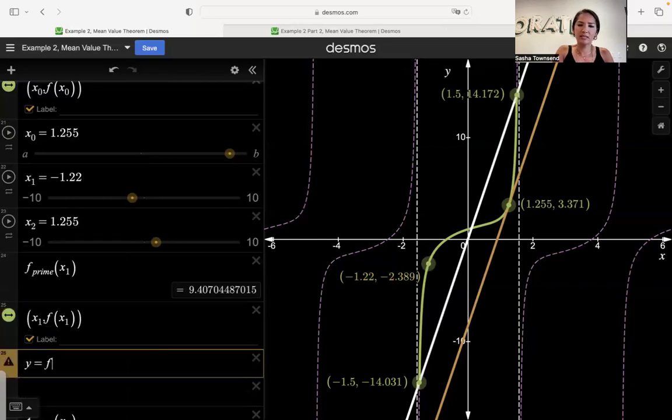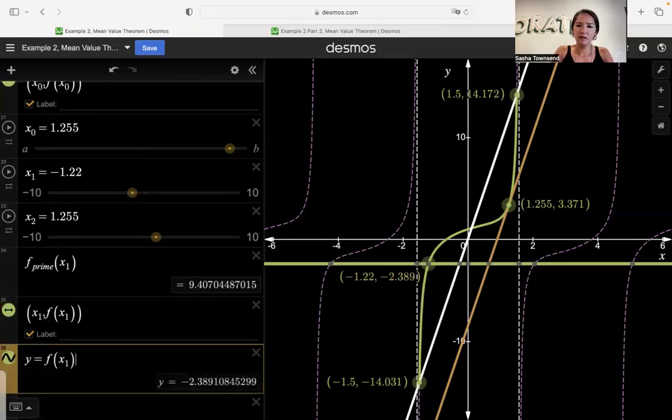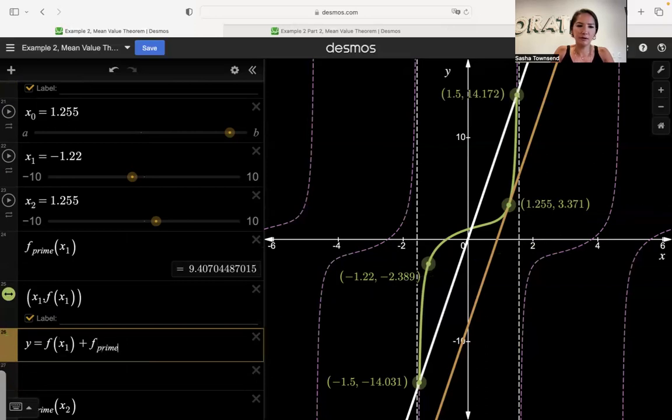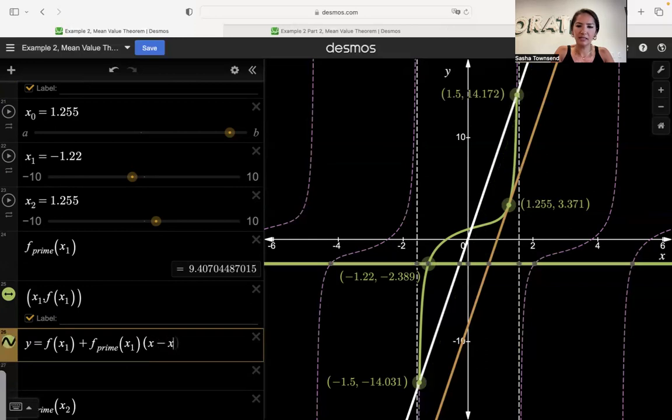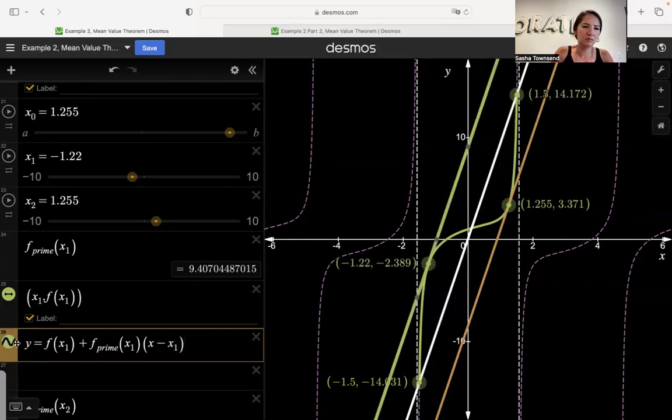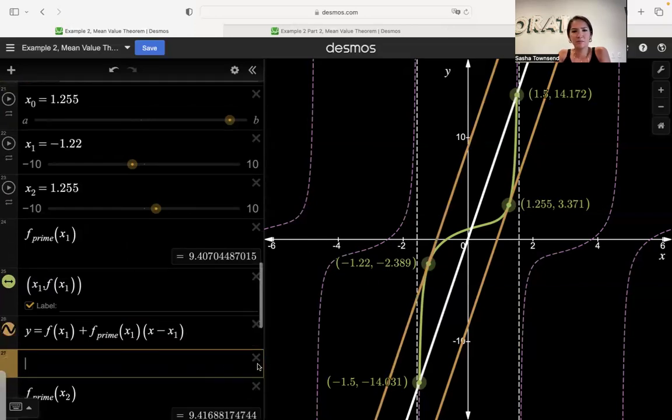And we'll say y equals f evaluated at x1 plus f prime at x1 times x minus x1. And I think we can see that those lines are parallel to each other.